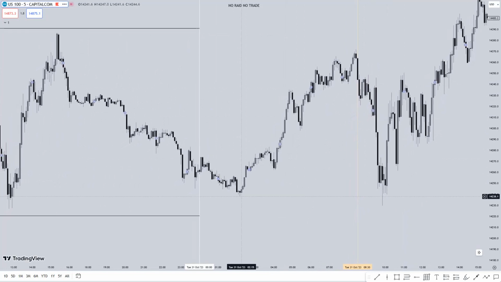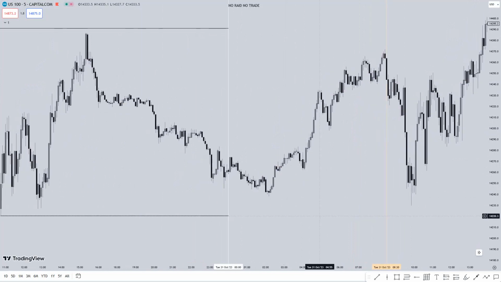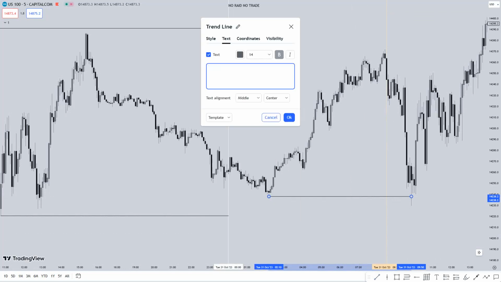So why am I referencing this low and not this low or the previous day's low? Because this model is based on intraday and it's a scalping model. So the fact that we took out a London low can give us a clue to take long trades. So let me just mark this out.